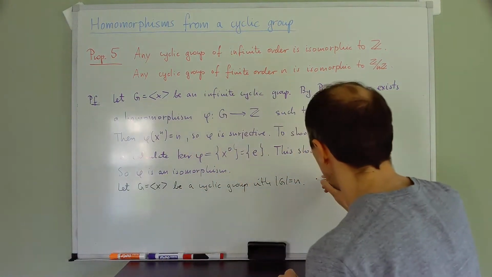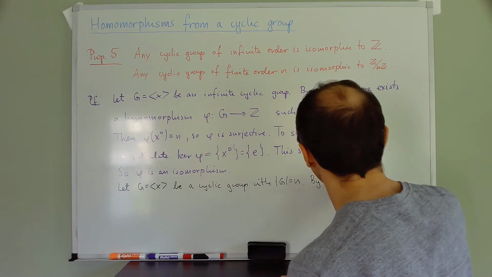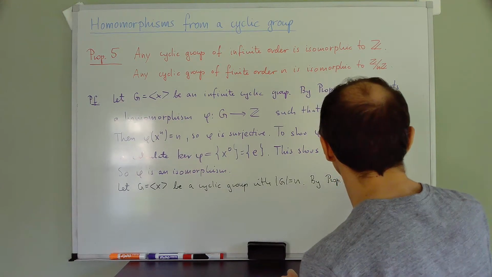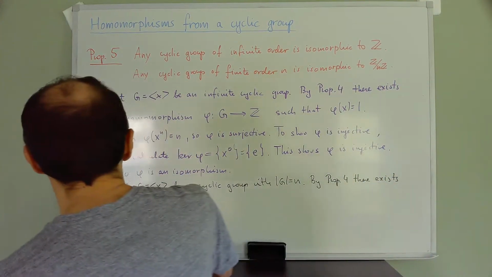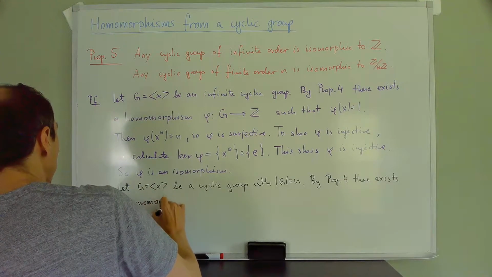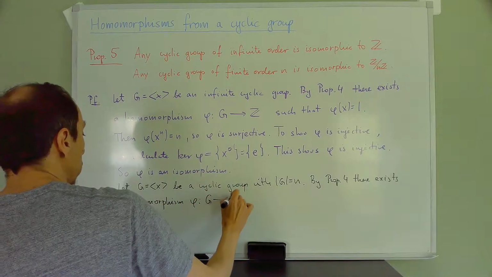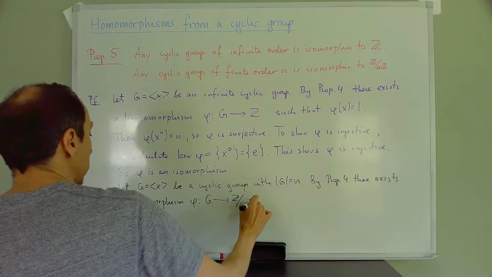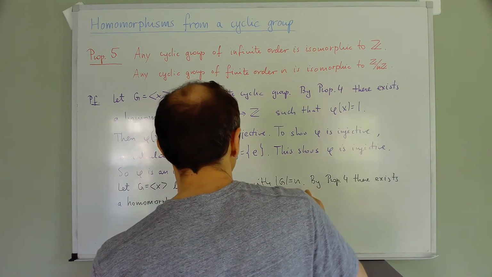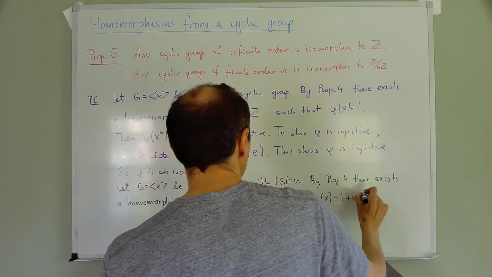So I'm going to take, by proposition 4, there exists a homomorphism, just like above, phi from G to Z mod nZ such that phi of x is 1 plus nZ.